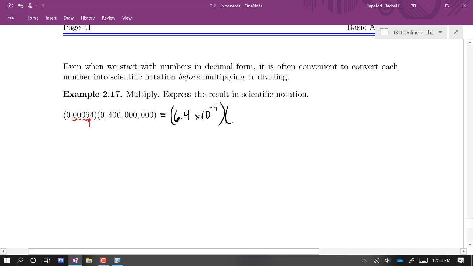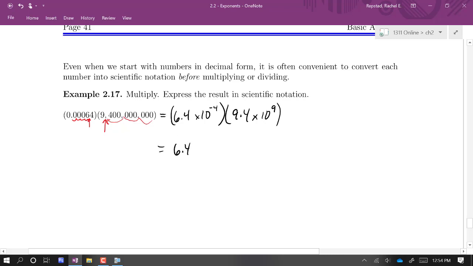And I'm multiplying this by, let's see, here I'm going to have to put this decimal point in that spot between the 9 and the 4. In order to do that, I have to move the decimal point 3, 6, 9 spaces to the left. So 9.4 times 10 to the 9th. Again, I can rearrange the product.